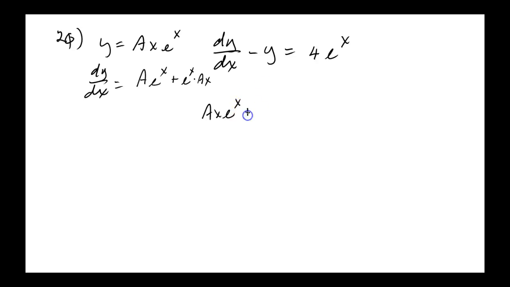Plus ae to the x, that's the dy/dx, minus y, which is minus ax e to the x. Those two add to 0, and that's supposed to equal 4e to the x. So A has to be 4. A is equal to 4.